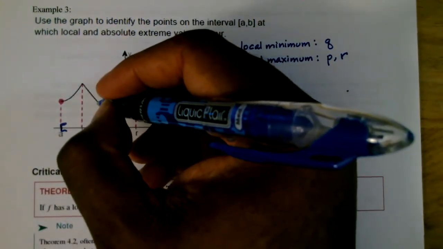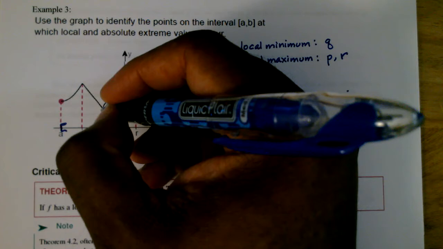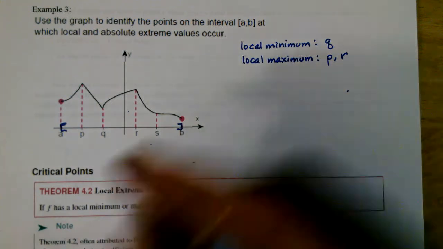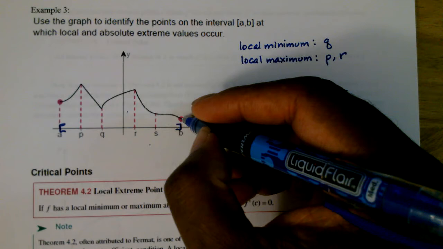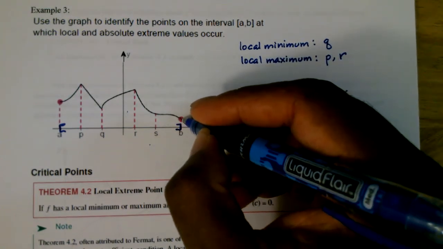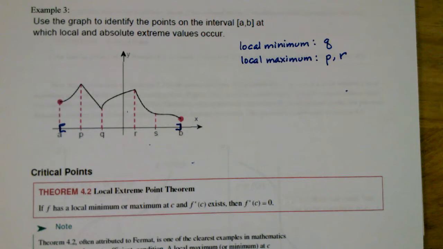And of course, that local minimum, which is Q, means in this case it's going down to this point and then it goes back up. Okay, that would be considered the local minimum. All right, now point B would not be a local maximum because it just stops at this point right here and it's not going back up. Okay, maybe that would explain that a little bit better.